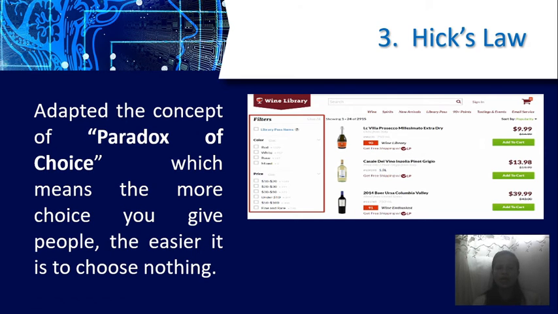It means the more choices you give to people, the easier it is to choose nothing, right? Do you understand? For example, in a restaurant, there are so many menu items, you get confused about what you want to eat. Because of the abundance, you just switch to another place. That is Hick's law, adopted from the paradox of choice.